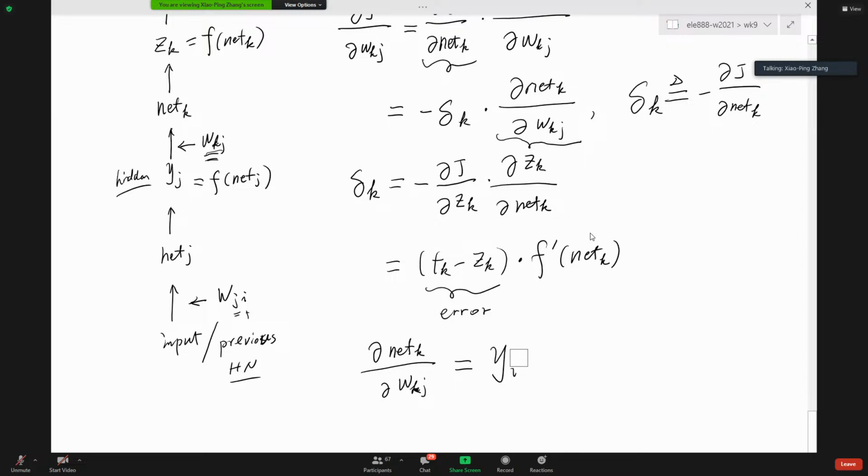Not yi, it's yj. Now, wkj is the coefficient of yj. The net k is a linear combination of all yj. So what's the weight of that particular yj? By definition, that's wkj. Therefore, this guy equals yj. That's clear?